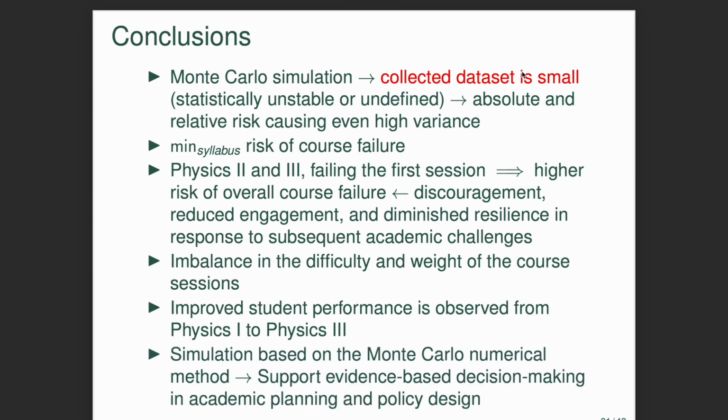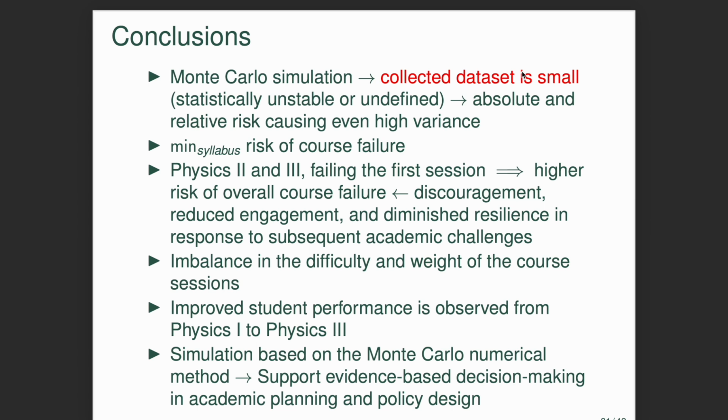In Physics 3, a student who passed the first two sessions faces almost negligible risk of failing the course as a result. Some may become complacent and neglect the final session, believing the course is already secured.